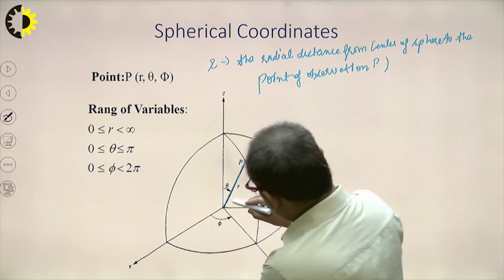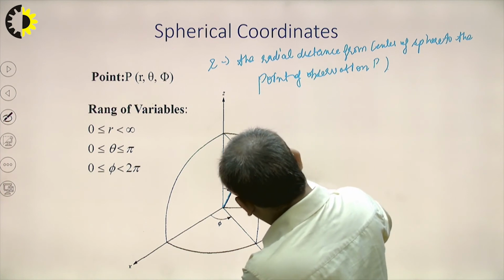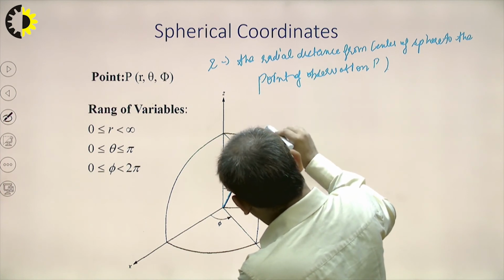So this is r, and the unit vector of r will be a cap r here.